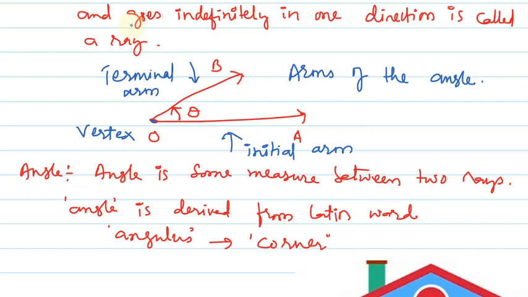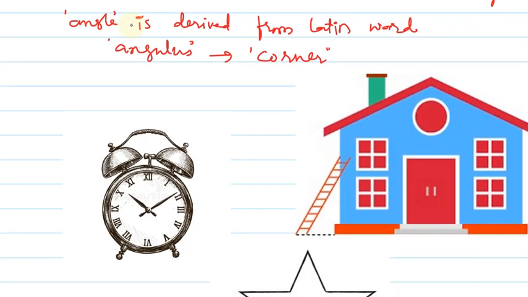Where do we see angles in everyday life? The best example would be that of a clock. Here if we see a clock, an angle is formed between the minute hand and the hour hand.